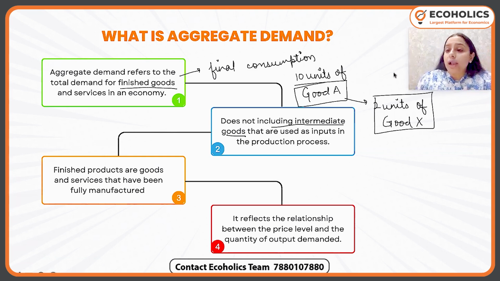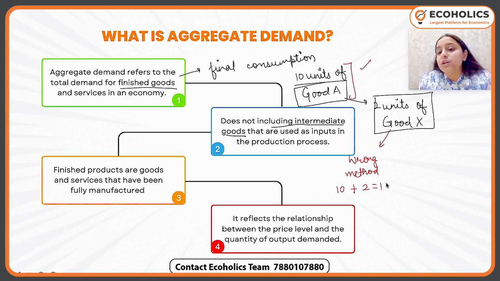Now, when I'm trying to calculate my aggregate demand, if I follow the wrong method, what will I do? I will say, okay, I have produced 10 units of good A and 2 units of good X. So this gives me 12 units. So aggregate demand is 12 units. But this is completely wrong. Why is this completely wrong?